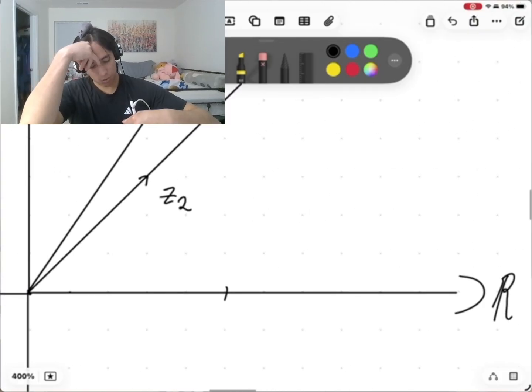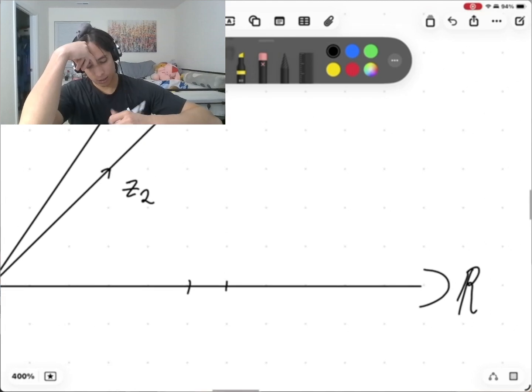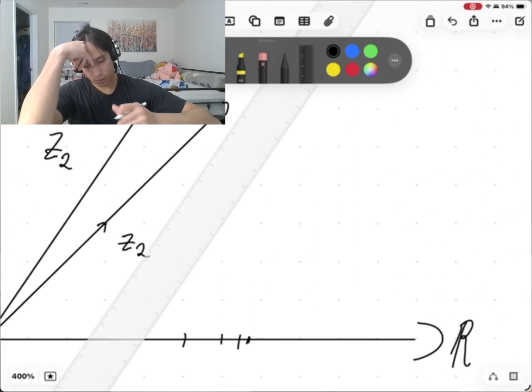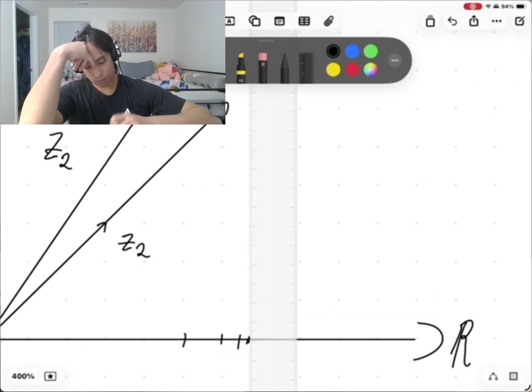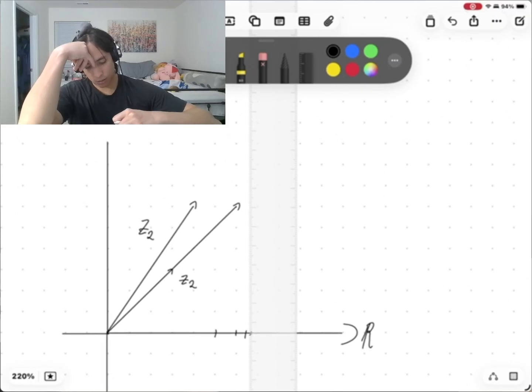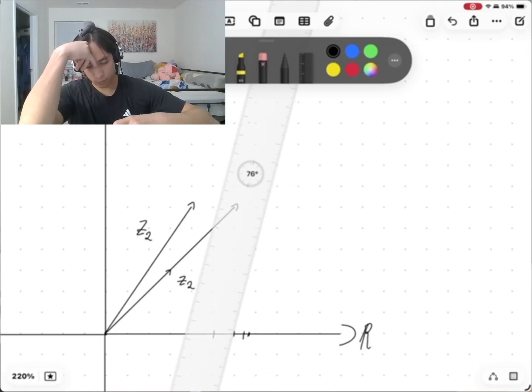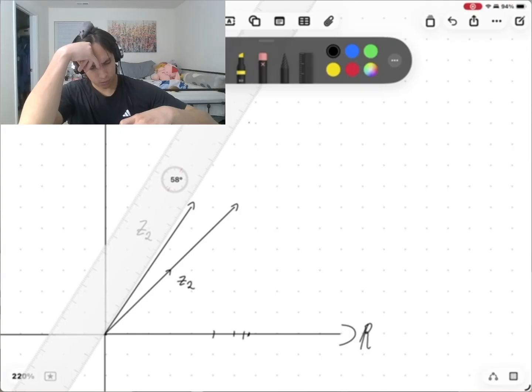This is 1, 2, 3, 4, 5, 6. This is approximately a half, 6.7, right? So if we go over here and we want to go 10, we have it right here. That's our dot. Oh, forgot I had it on. That's our dot.